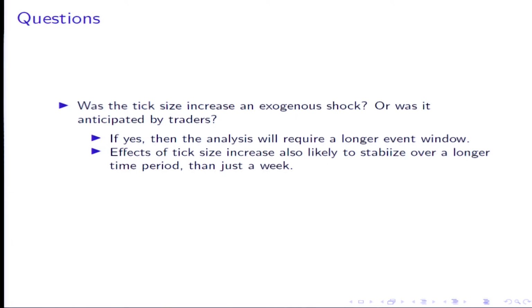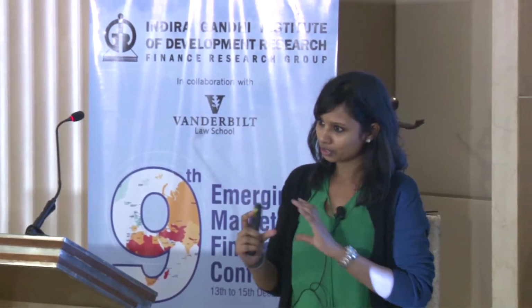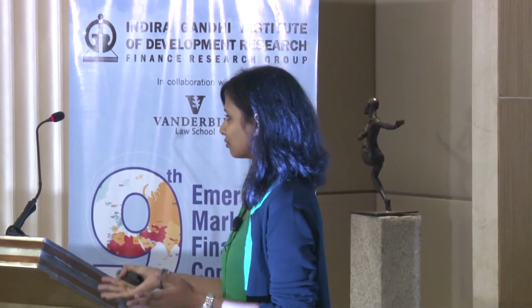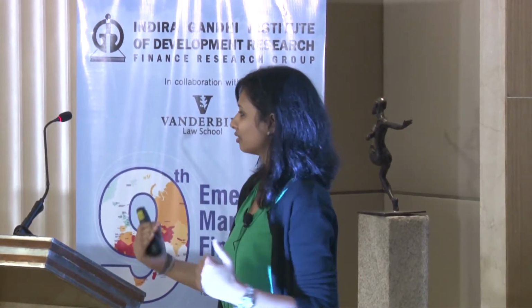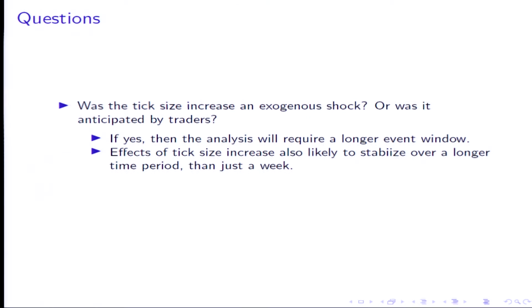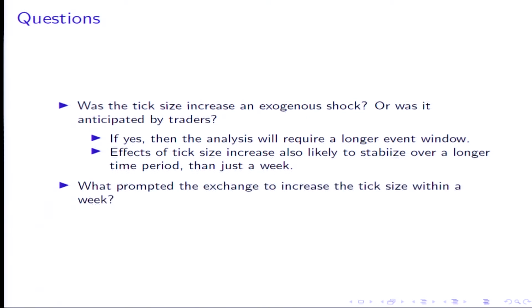Third question, was this really an exogenous shock? Because in the circular, the exchange says that the traders have been requesting us to increase the tick size because they were facing a lot of undercutting. So, when you do this analysis, with only an event window of 1 week before and 1 week after, I worry about whether the effects that you are seeing are actually completely exogenous or related to this event or not.